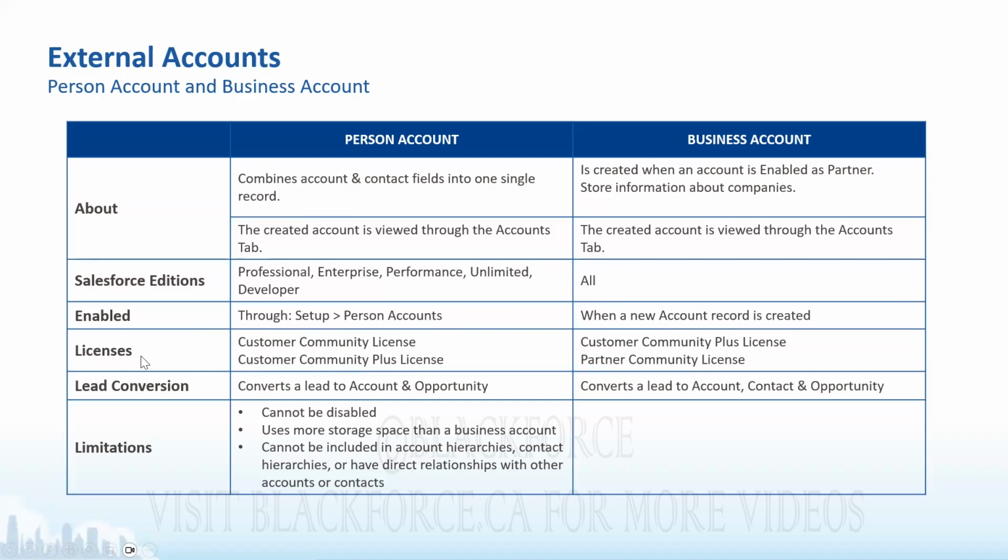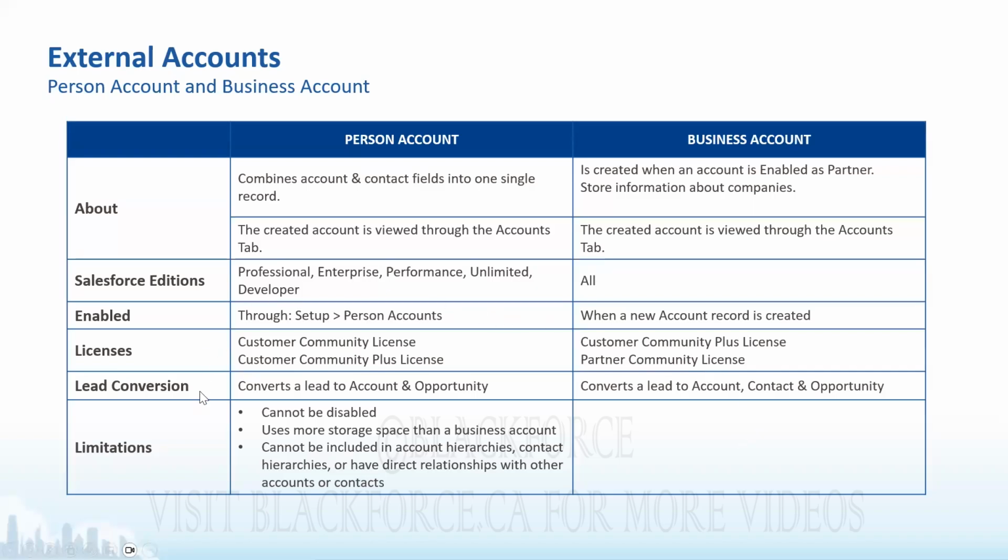For the licenses, you are able to use the Customer Community license and Customer Community Plus license with person accounts, while with the business account, you can use a Customer Community Plus license and the Partner Community license.